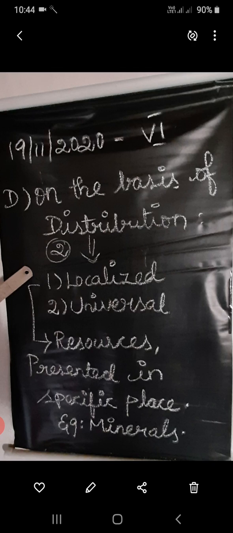Minerals are present in some specific places, so they come under localized resources. Universal resources are things present in every place. For example, sunlight. We get sunlight from everywhere, so it is called a universal resource.